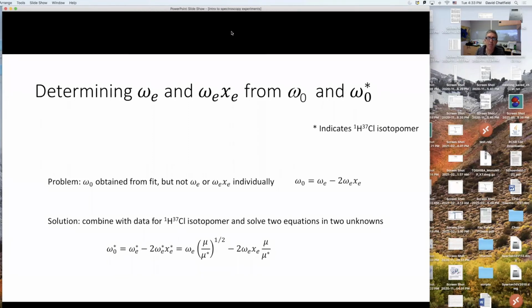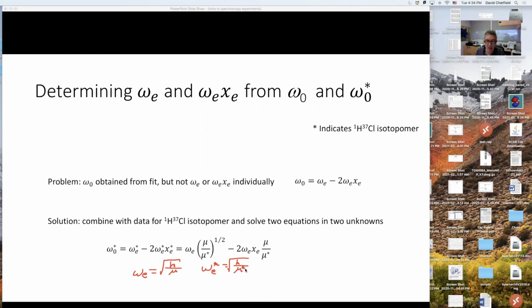Now, where does this come from? Let me tell you. Remember that ωe is the square root of the force constant divided by the reduced mass. If that's true, then ωe asterisk will be k divided by the reduced mass of the 37Cl isotopomer.